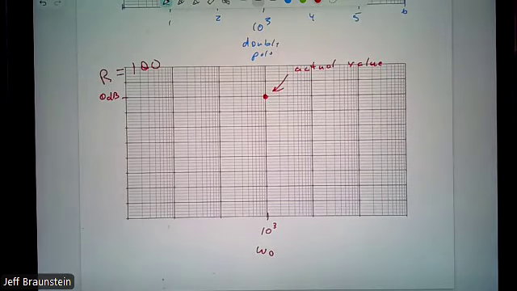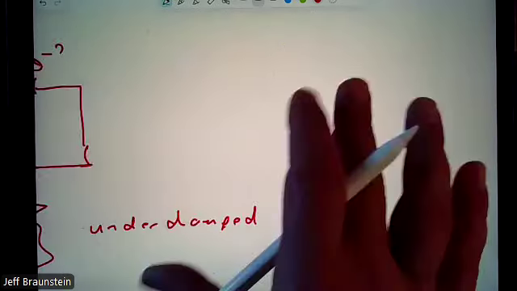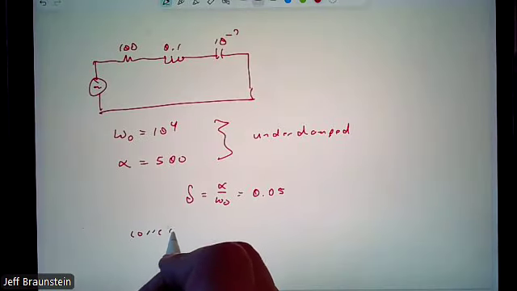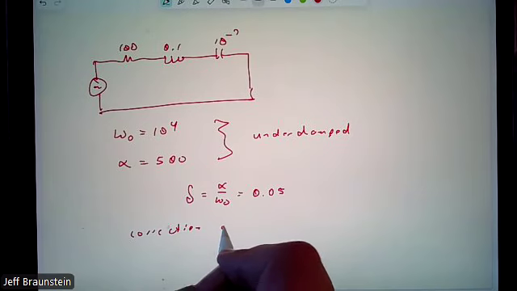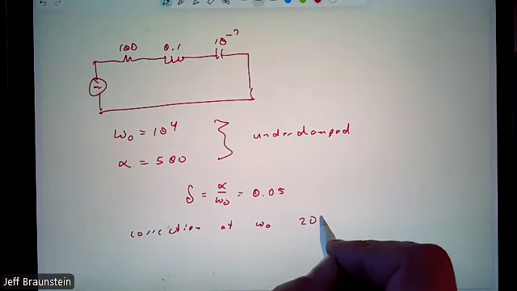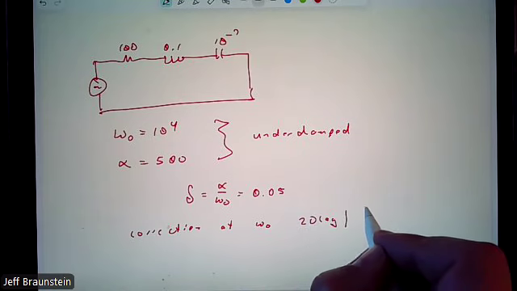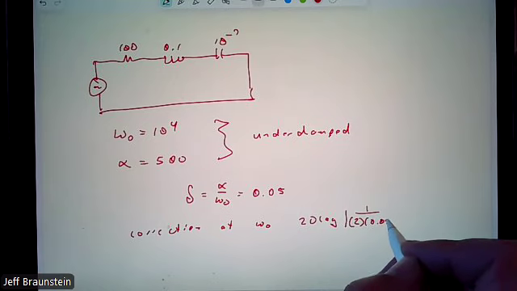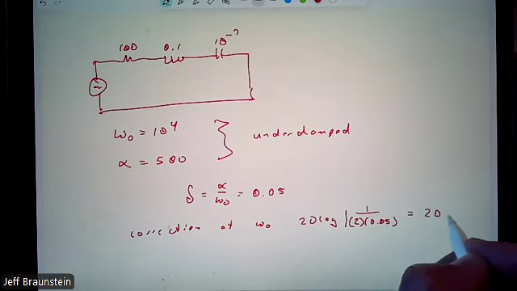But my correction is 20 log 1 over 2 times the damping ratio. So it's underdamped, correction at omega naught: 20 log 1 over 2 times 0.05. If we do that out, that's 20 dB.